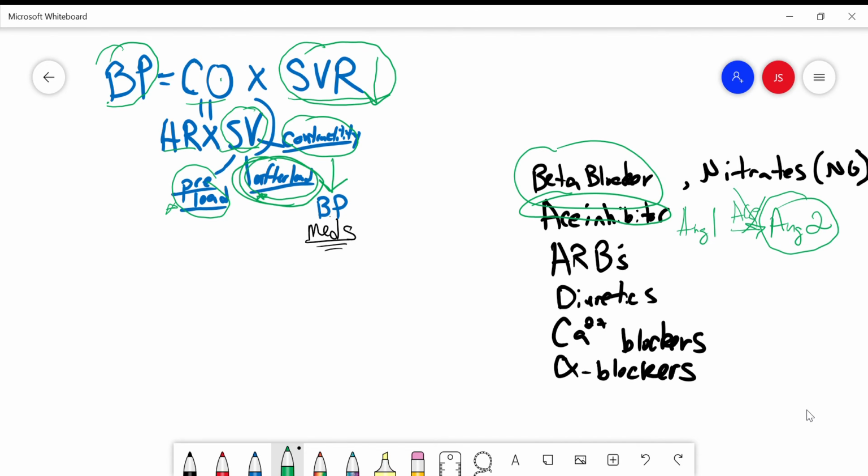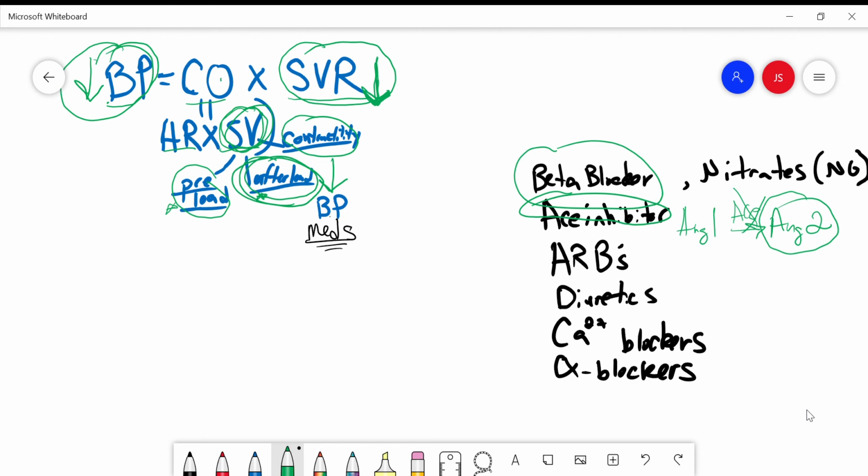But because we're definitely decreasing the systemic vascular resistance, we're going to decrease the blood pressure on this side of the equation. So an ACE inhibitor is making the stroke volume more efficient. It's decreasing systemic vascular resistance, so that's going to decrease the blood pressure.